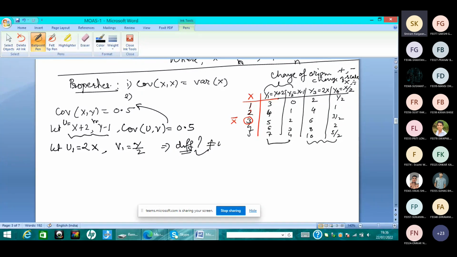So that's why you say that covariance is not independent of change of scale. Okay, so this is the case. I hope you understand, because I can't take it in detail, but definitely I can give you an idea how it works. If you understand, please give a thumbs up.